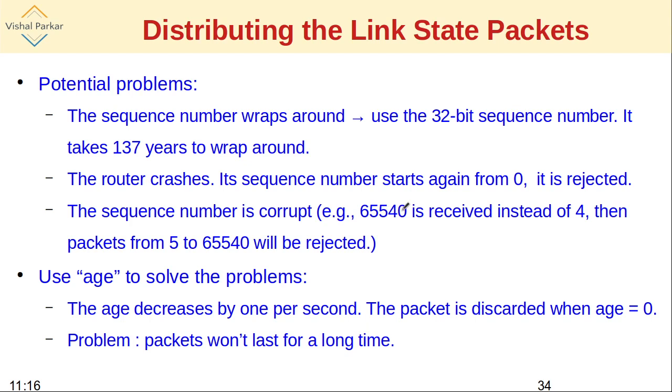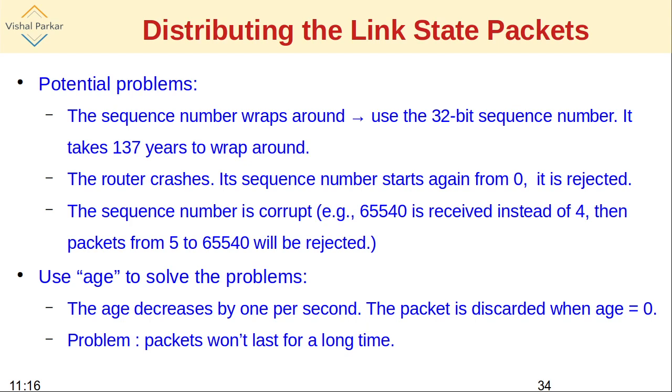The bits change, and due to this, the packets from 5 up to this value 65540 will always be rejected, even though they were expected to be taken into account. That's a problem. And to remove these problems, we use what is called the age property in the sequence number or the link state packets.